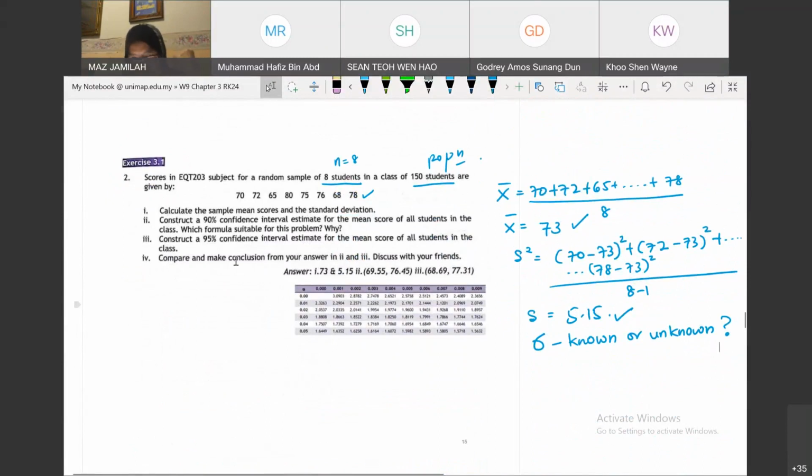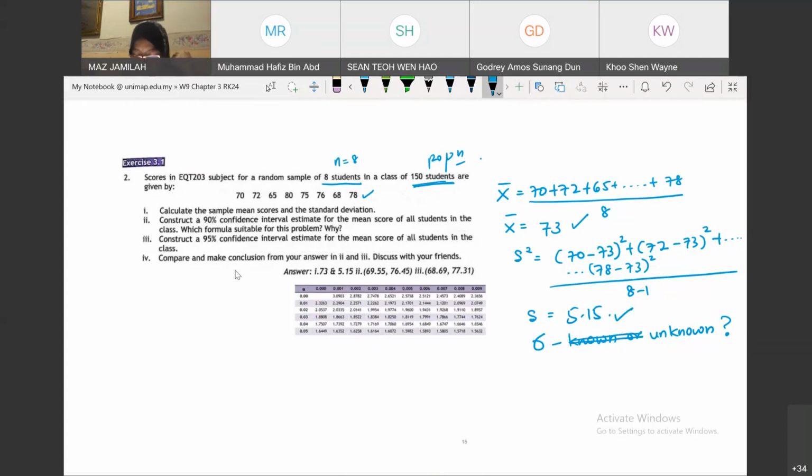Unknown. Why? There is no population standard deviation. We don't know the standard deviation of our 150 students. Since we don't have the value given, we assume that sigma is unknown.